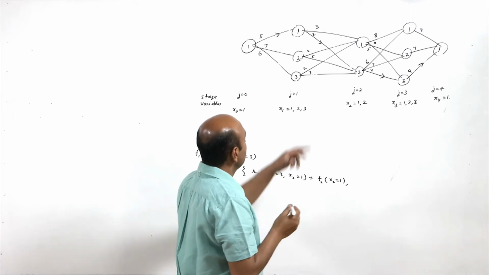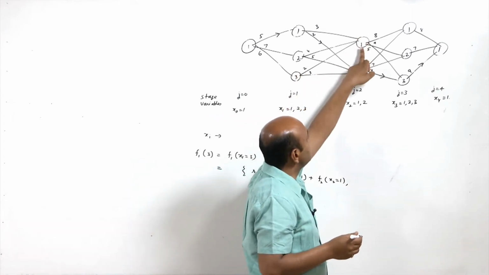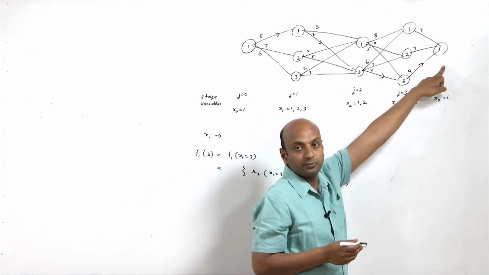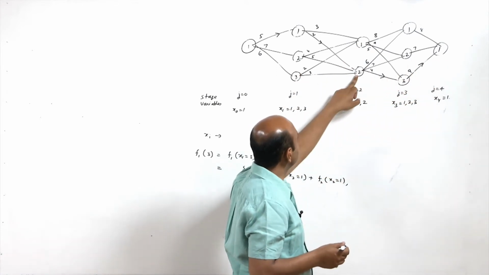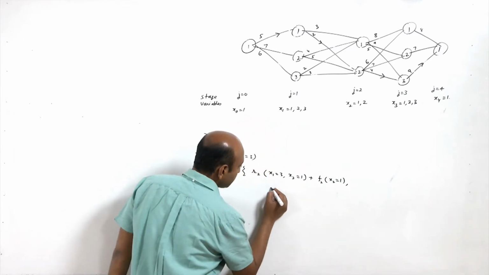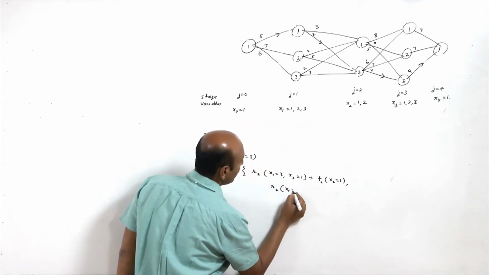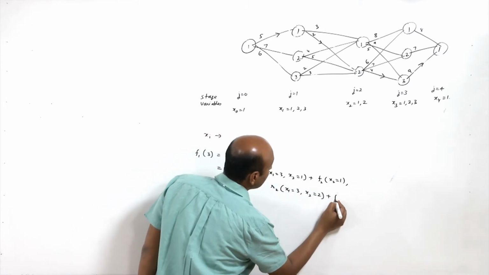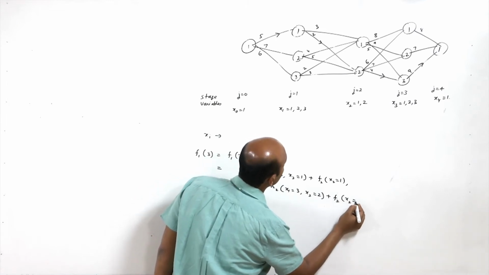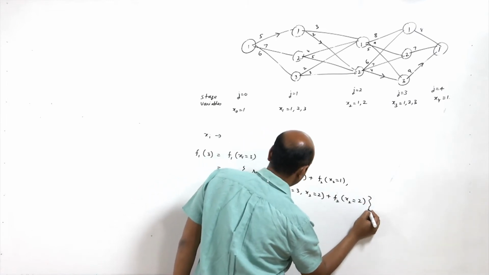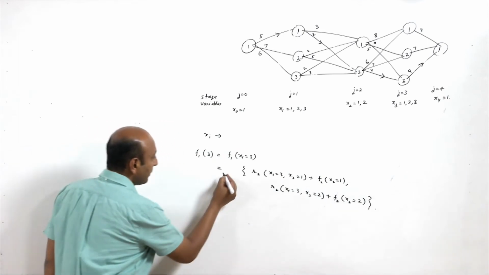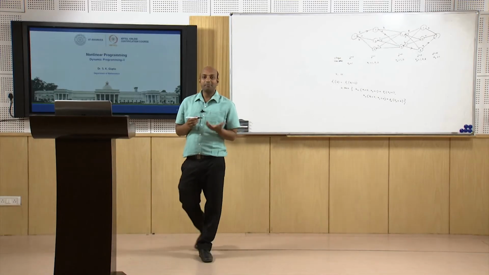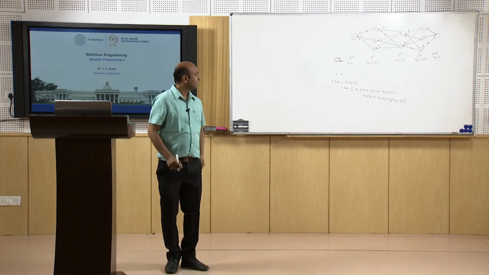You see this arc length plus the minimum we obtain from this node onward. Then the other one, r2 of x1 equal to 3 to x2 equal to 2, plus f2 when x2 equals 2. The minimum of these two will simply give f1 x1 equal to 3.